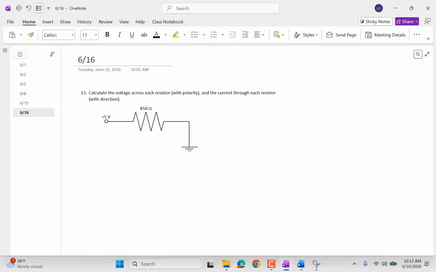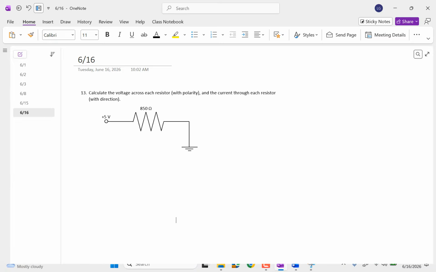So we want to calculate the current going through that resistor and the voltage across that resistor. And instead of using a battery as the power source here, we're using a voltage source and a ground. Okay, so the effect of that is it's the same thing. This behaves the same way.